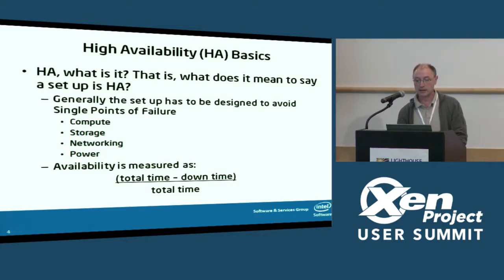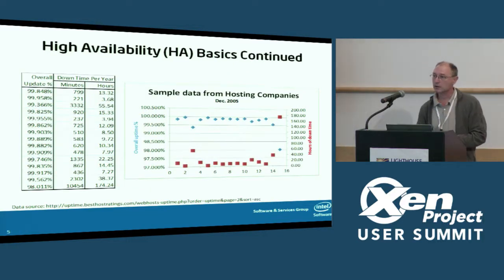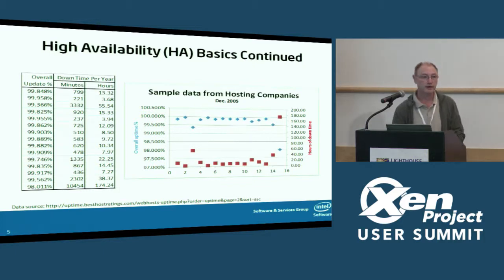And then the definition of availability here is the total time minus your downtime over the total time. This is just an example here. I pulled some data off the network, and this is hosting data from 2005.